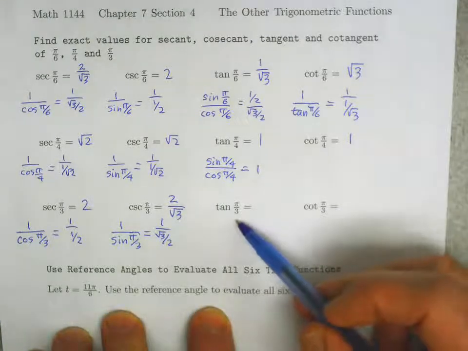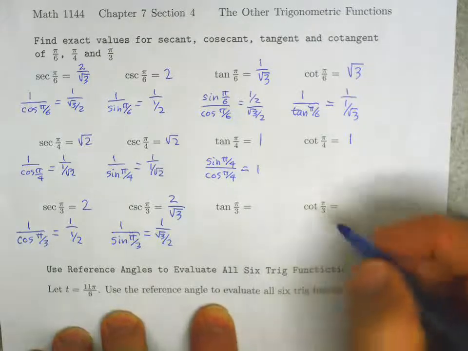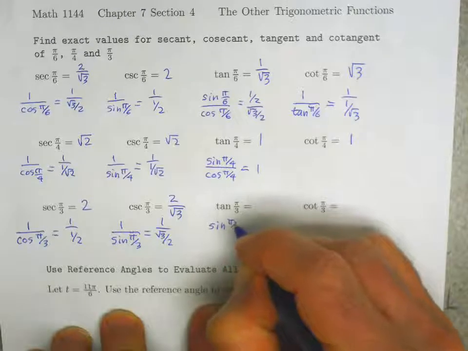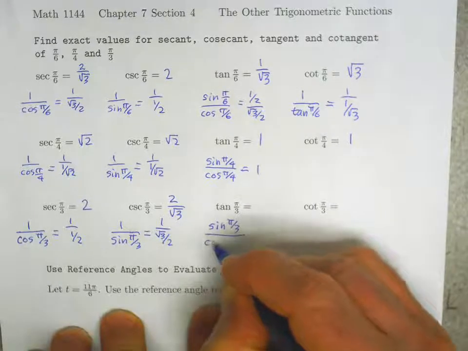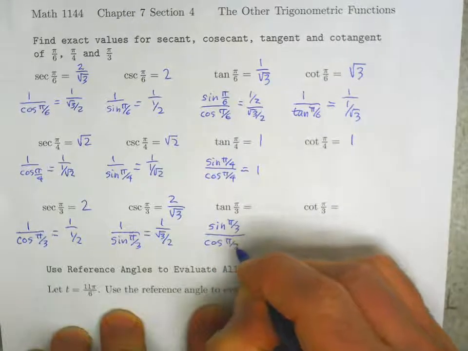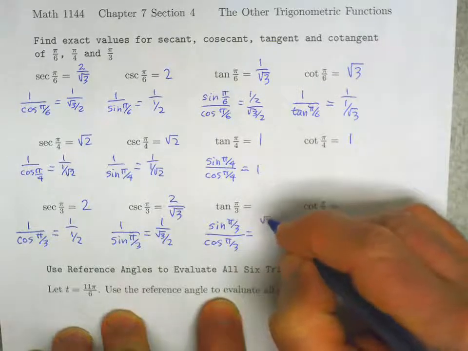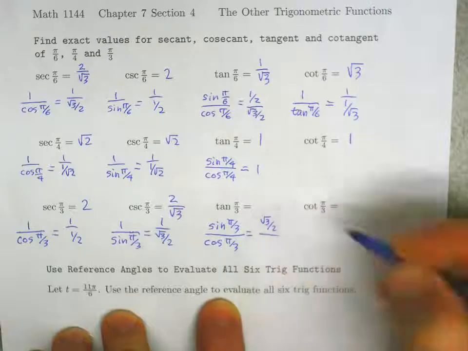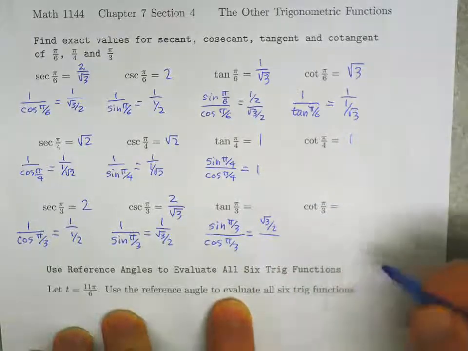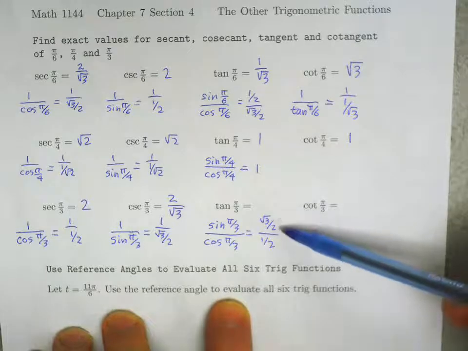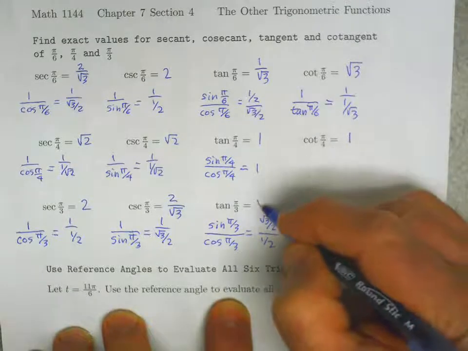Okay, the tangent of pi over 3, well, that's sine of pi over 3 divided by cosine of pi over 3. Sine of pi over 3 is the square root of 3 over 2, and cosine of pi over 3 is 1/2. The square root of 3 over 2 divided by 1/2 is just the square root of 3.